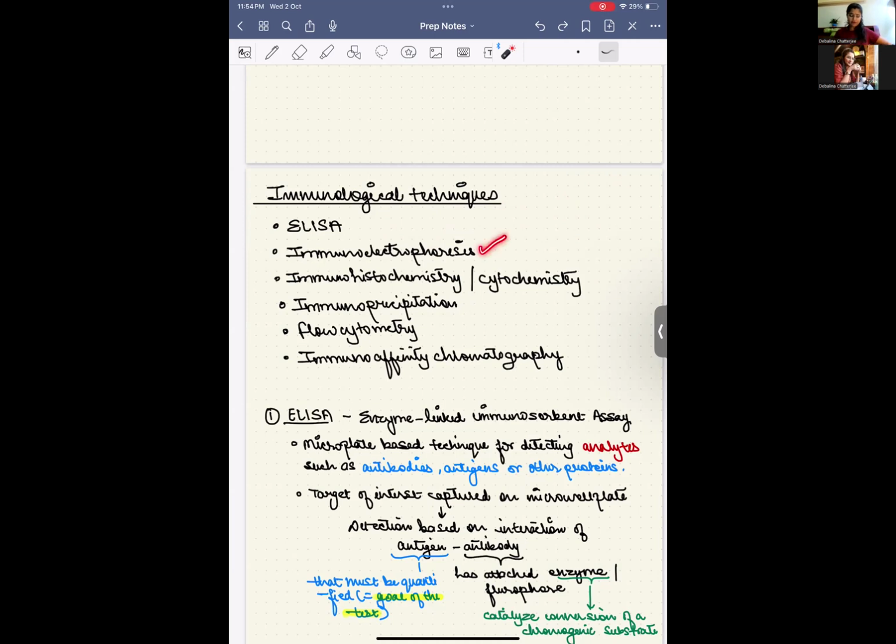In immunoelectrophoresis, so electrophoresis, you all must have studied about it, the agarose gel electrophoresis, or SDS, where some sort of isolation or separation of certain genes or maybe some proteins are involved. So, electrophoresis is essentially used for that.